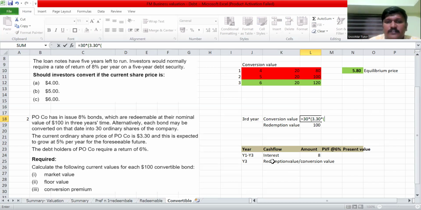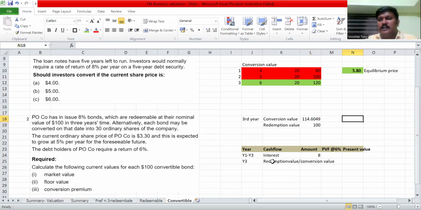We have 3 years, so it is going to increase at 5% for 3 years. So 1.05 raised to the growth period of 3. What would be the share price? The conversion value would be 114, and the redemption value is what we have done.